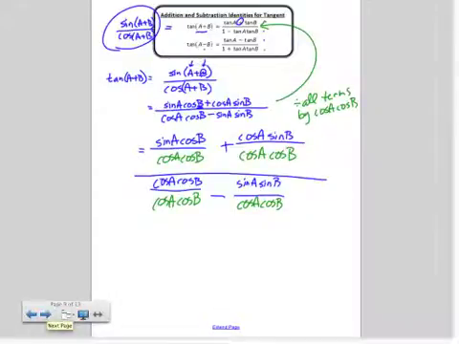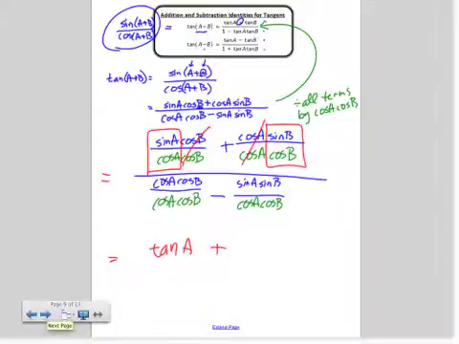The first one, the cosines cancel each other out, and that ends up with sine A over cosine A, which is the same thing as tangent of A, plus the cosine A's cancel out, and that gives us tangent of B. The bottom, both cosines cross out, so that gives us 1.